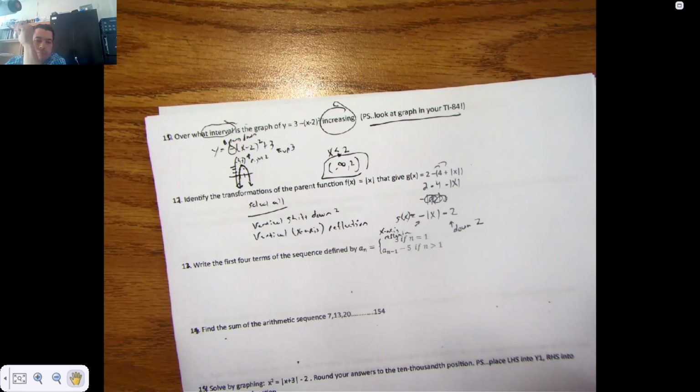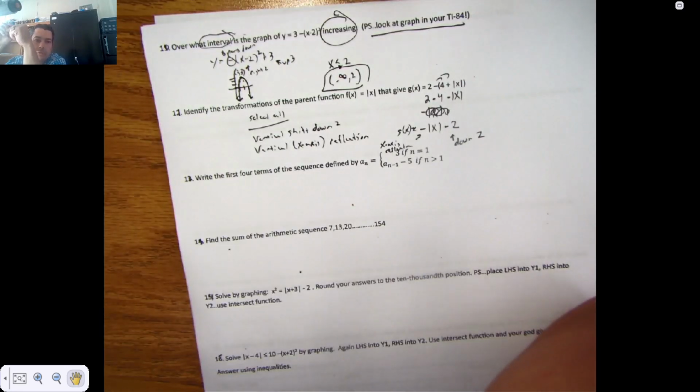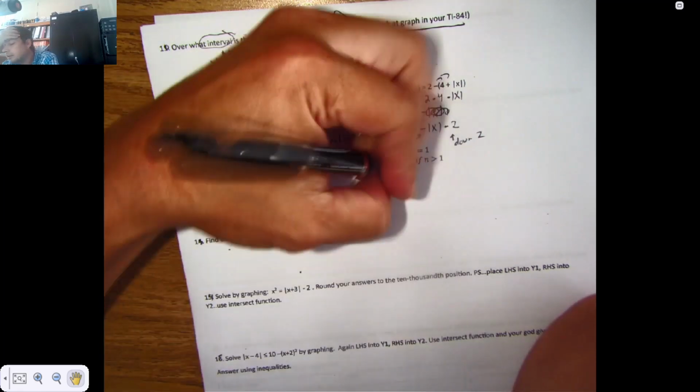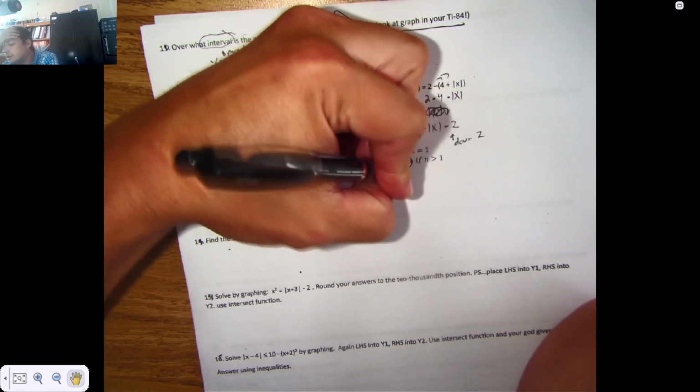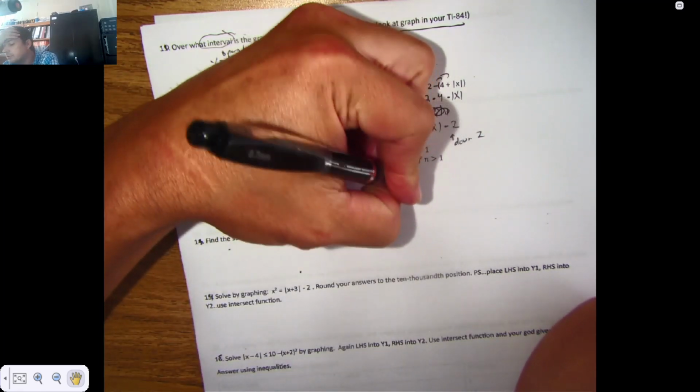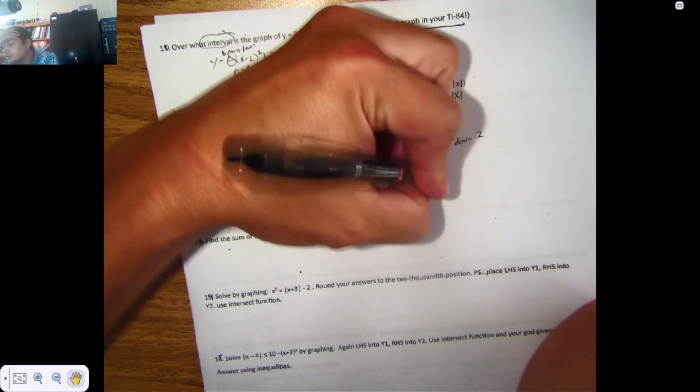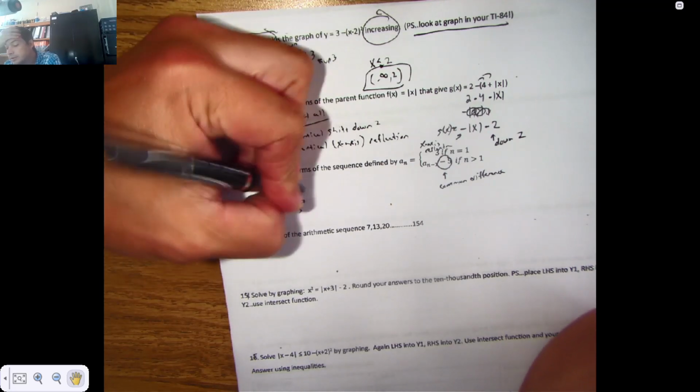Moving forward. Write the first 4 terms of the sequence defined by a sub n is 3 if n equals 1, and a sub n minus 1 minus 5 if n is greater than 1. This number right here is your common difference. Your first term is going to be 3. And what you're going to do is take away 5, and that's going to give you negative 2.